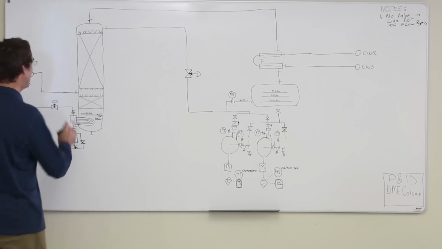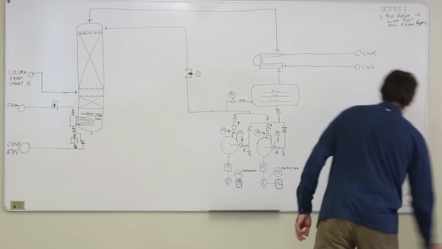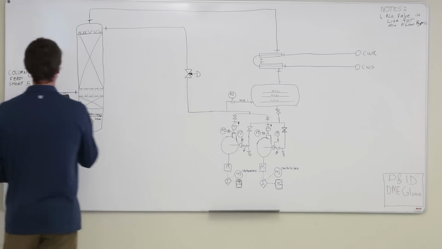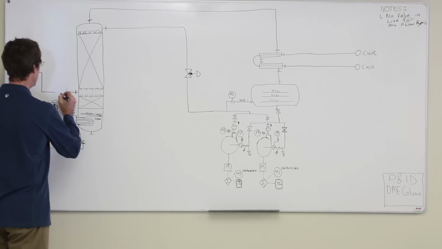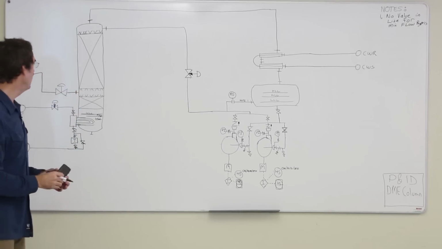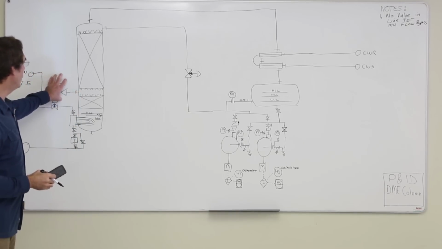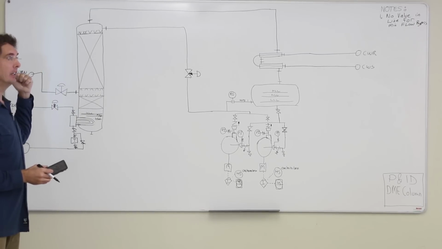Ideally, we would like to actually have flow control on that feed system. If I put the flow control on this P&ID, you can't actually tell whether that control valve is close to this piece of equipment or further back and should be on the other P&ID.